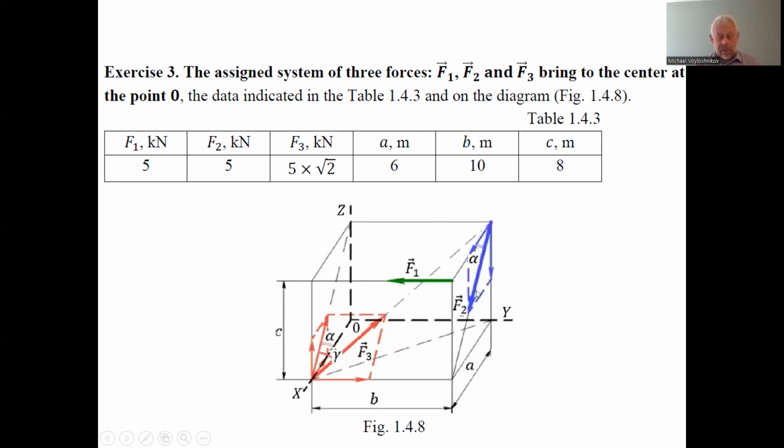So F2 magnitude multiplied by cosine alpha rotates clockwise relative to the z-axis. This causes a negative moment as well. And the arm is B, for this horizontal component of force F2. And only this component of F3 is F3 magnitude multiplied by sine gamma.